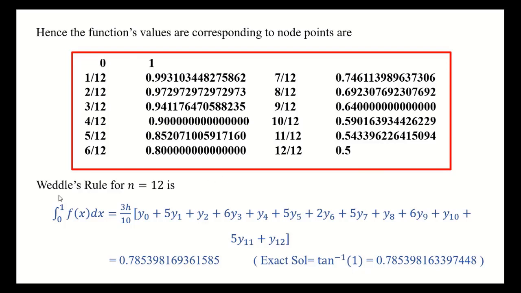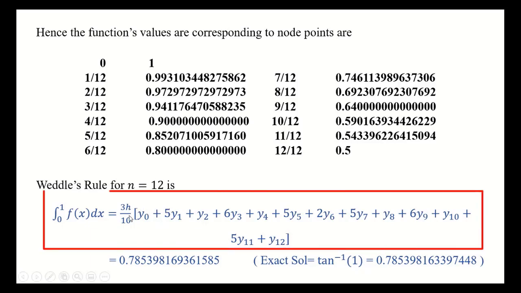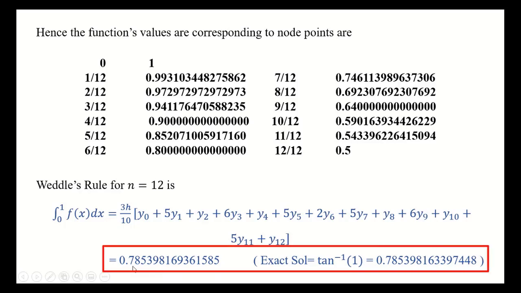For n equal to 12, Weddle's rule is 3h by 10 times y0 plus 5 y1 plus y2 plus 6 y3 and so on. This can be achieved by using n equal to 12 in the generalized formula. So after using these values and after some calculation, we get an approximated answer.